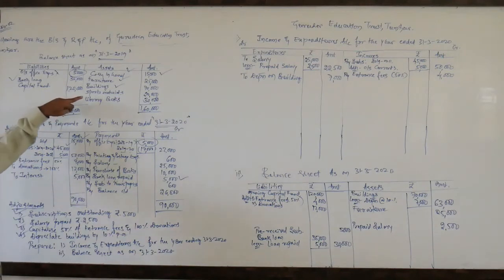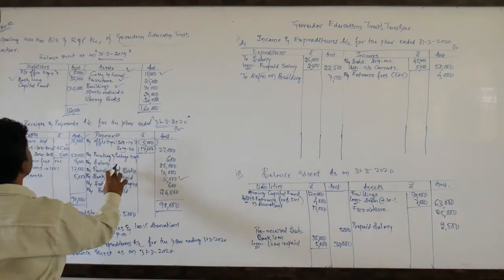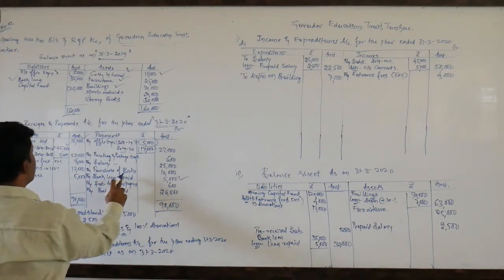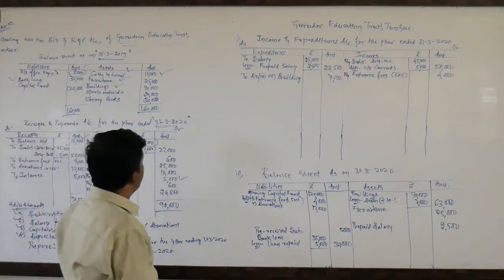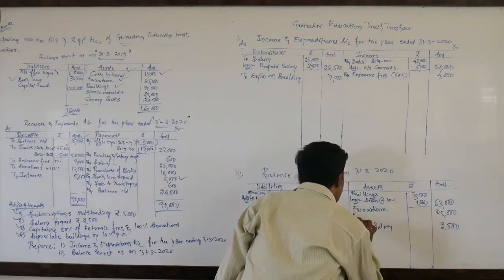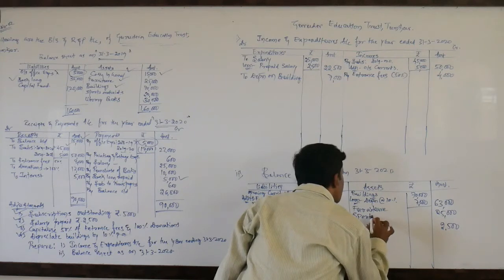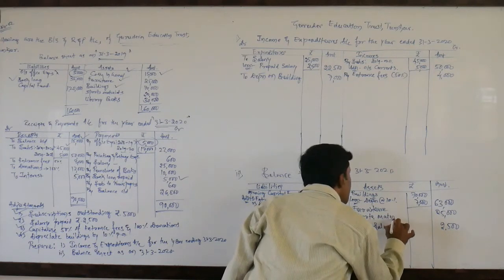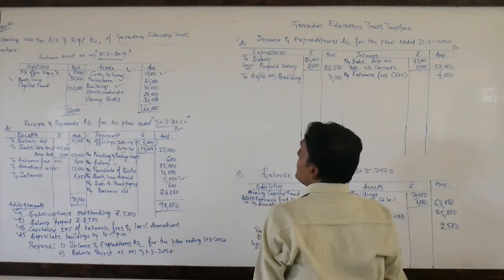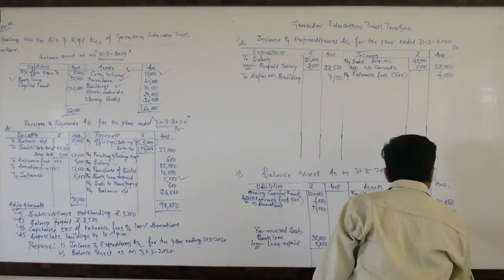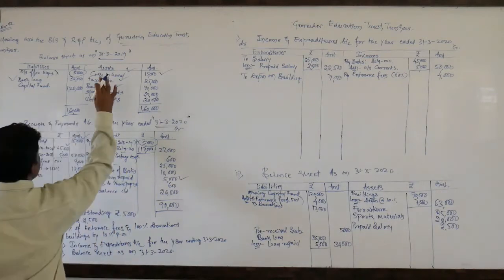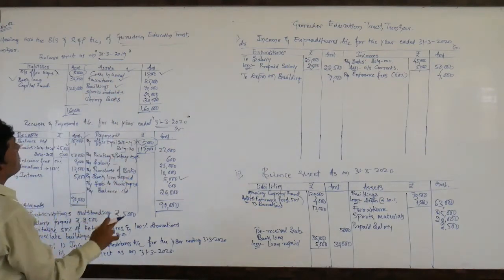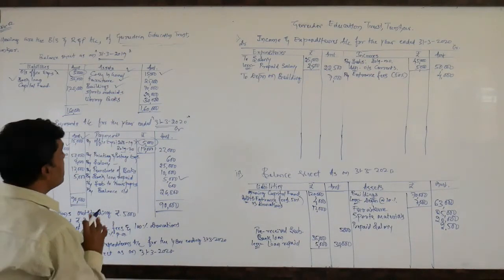Sports materials, look here. Is there any additional sports material? No. So directly we need to write it on the asset side. Sports materials, rupees 20,000. I want to say something here. They have mentioned the sports materials of rupees 20,000.